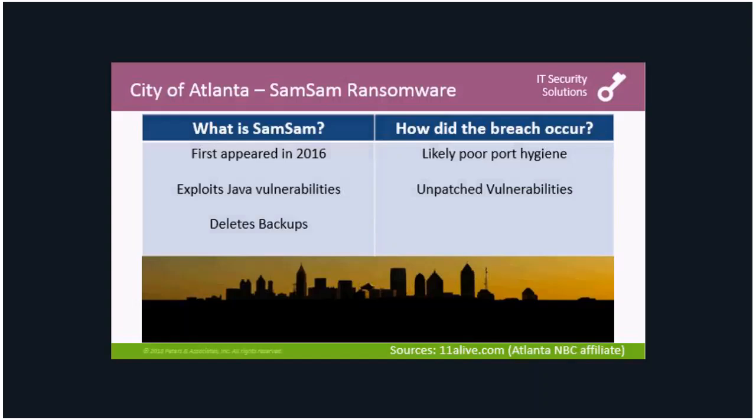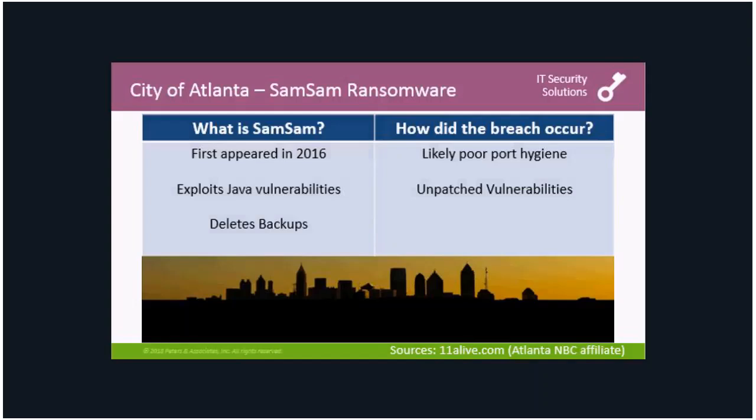From what we understand currently, the belief is that this was a result of some poor port hygiene, some ports that shouldn't have been open, that allowed the attackers to scan portions of the environment to identify any servers that still had this Java vulnerability. So obviously another piece of that is unpatched vulnerabilities that the city should have had patched.